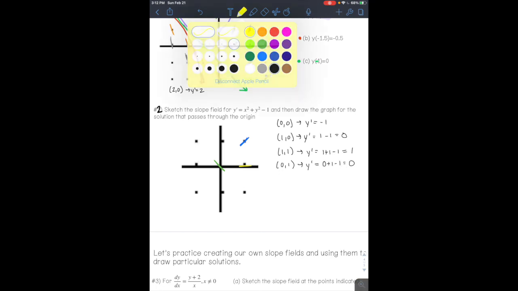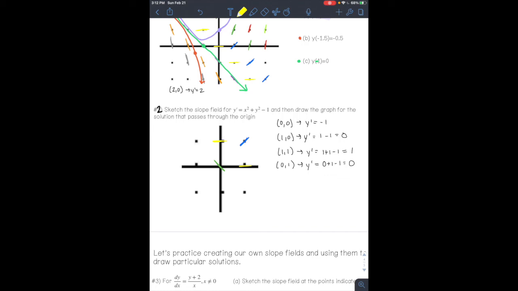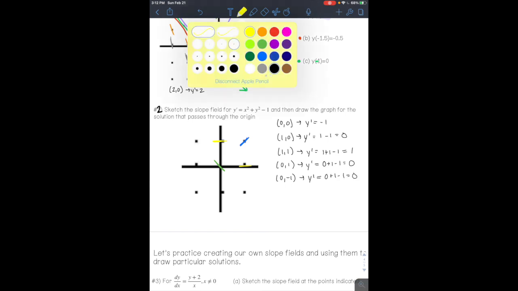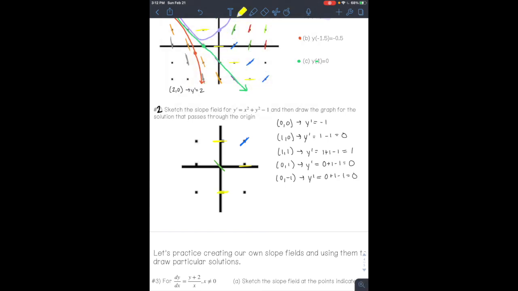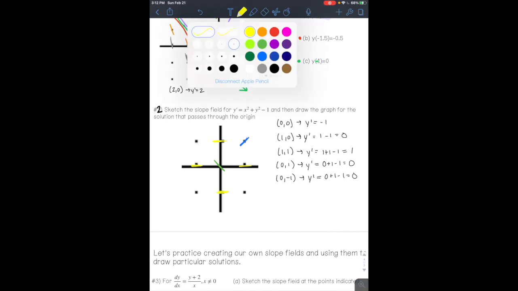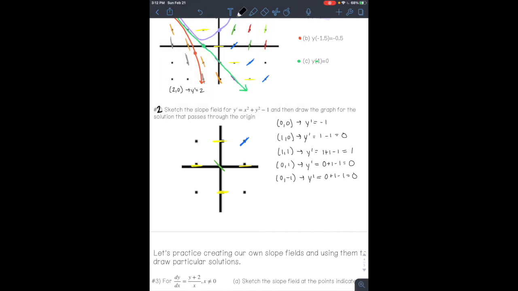Right, and then I'm just going to keep going with my work here. I'm just going to start doing it in my head now.